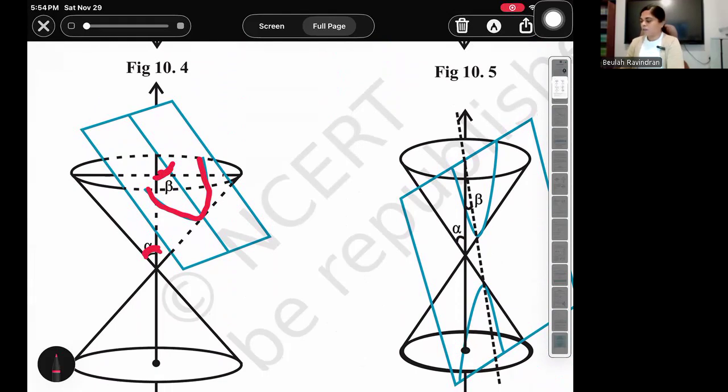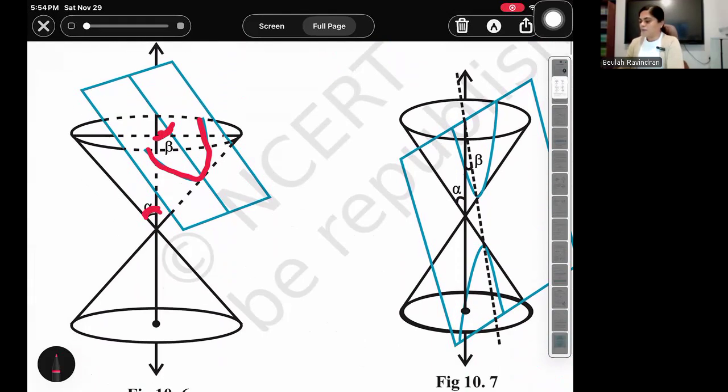Then it is a parabola. If beta lies between 0 and alpha, very small, then the cut is very straight to this fixed axis, and it forms a hyperbola.